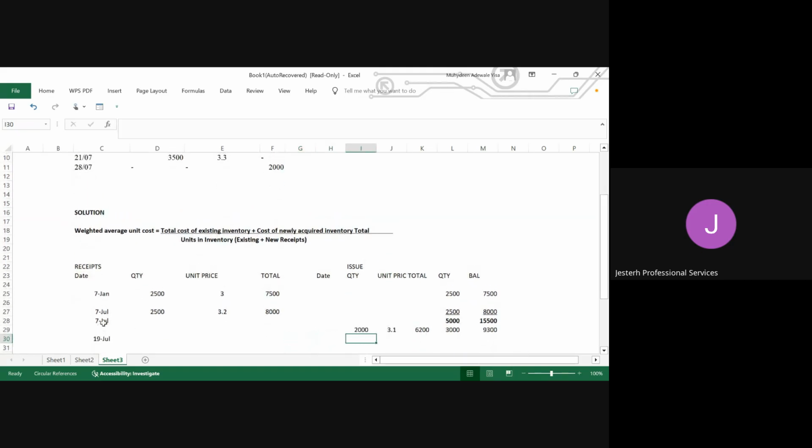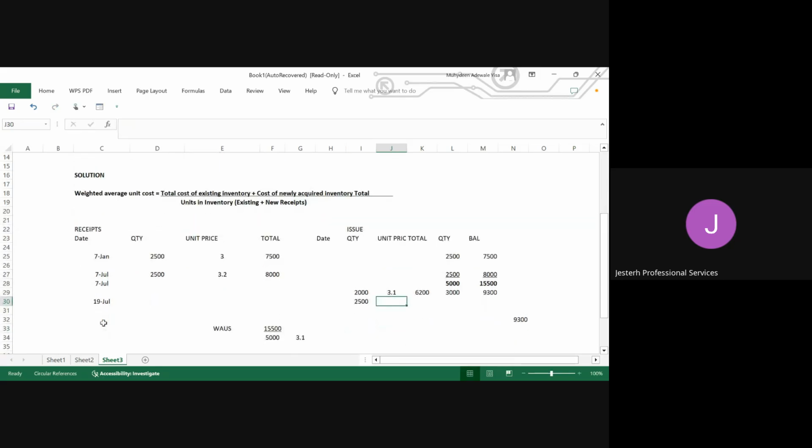They issue out 2,005. Now, very simple, put it here. Remember that at this point now, they have not brought in any new inventories. So we are still going to maintain the same unit price that we used to issue out our last issue before this new one that we want to issue out.